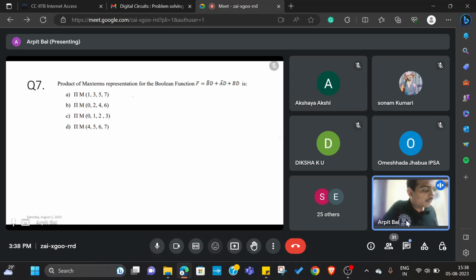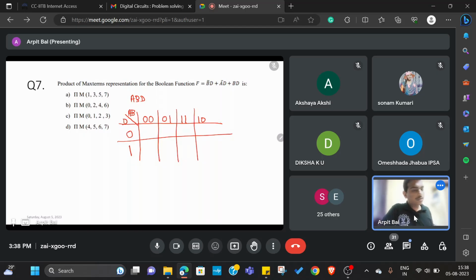Let's say we have a, b, d as the variables. So let's try to draw the Karnaugh map. A, b, d. Here we are taking 2 variables at a time, so let's write 00, 01, 11, 10. Here we have only one variable, so it is 0 1.